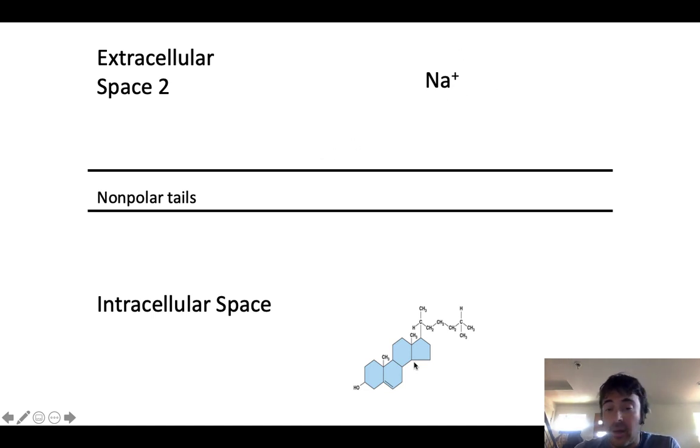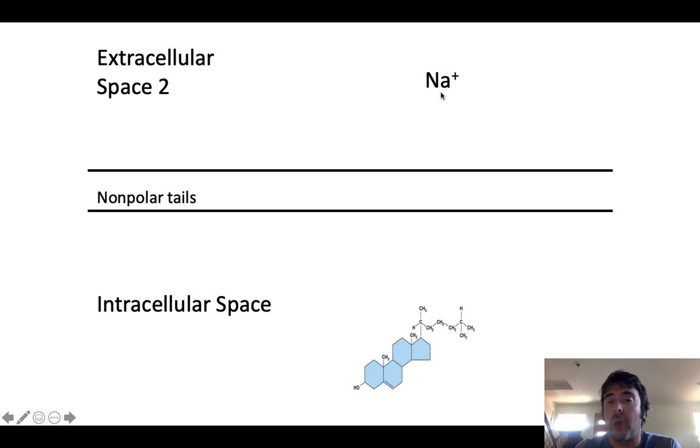Sodium, on the other hand, even though it's much smaller, and if I was to draw this to scale, sodium would look like a speck compared to that cholesterol molecule, but I've drawn it big so you guys can see it. All you need to know that sodium won't get directly across the phospholipid bilayer is that sodium carries a charge. It is therefore polar, hydrophilic, lipid insoluble, water soluble.